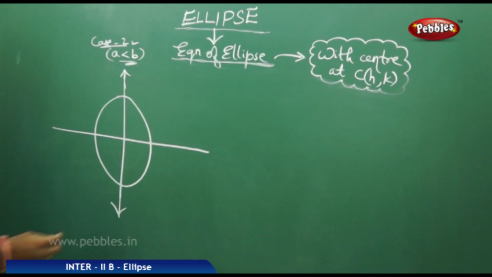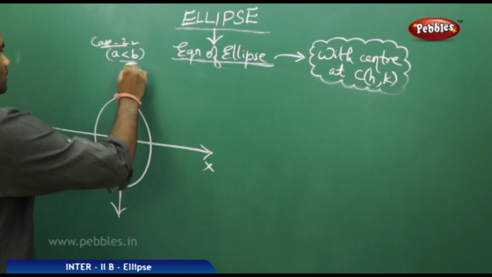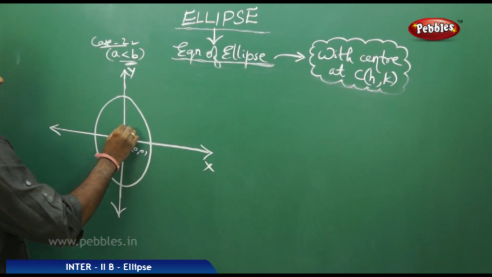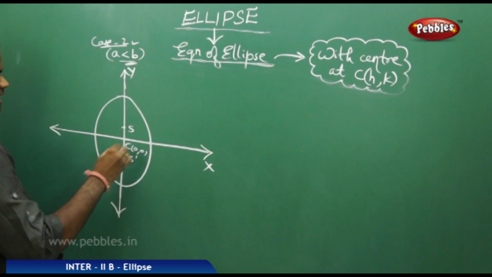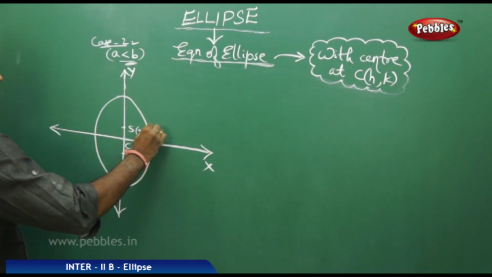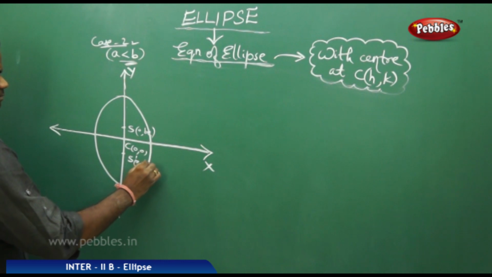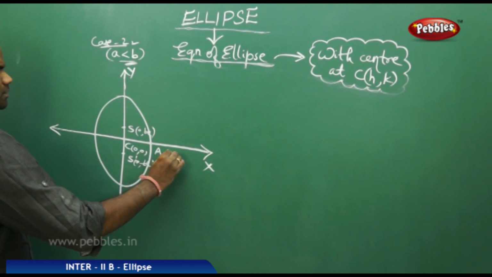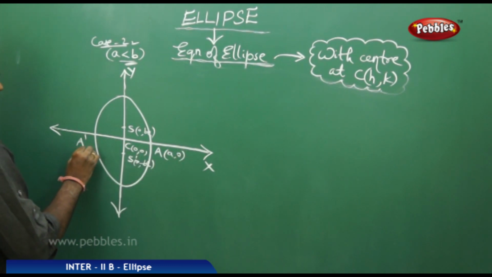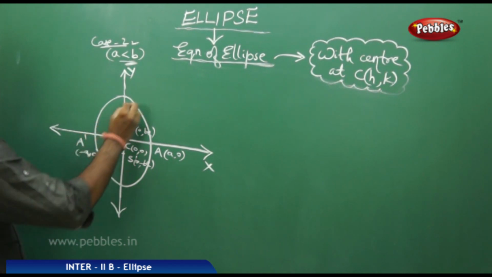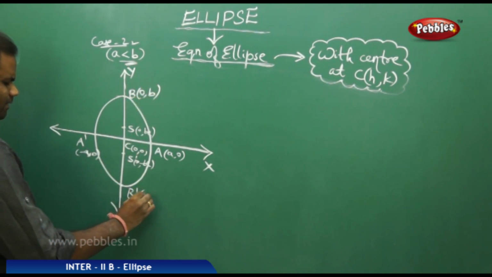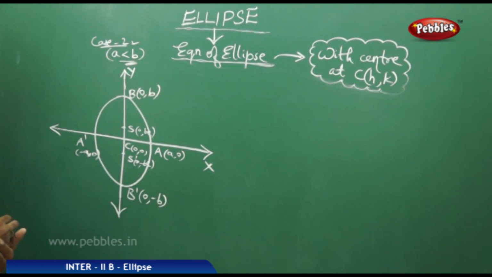In this case of an ellipse, I have the center as origin and my foci S and S dash, which are given by (0, b) and (0, minus b), and A, which is (a, 0), and A dash, which is (minus a, 0), and B, which is given by (0, b), and B dash, which is (0, minus b).